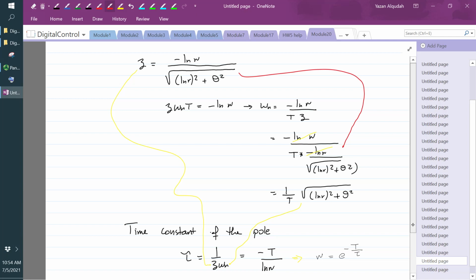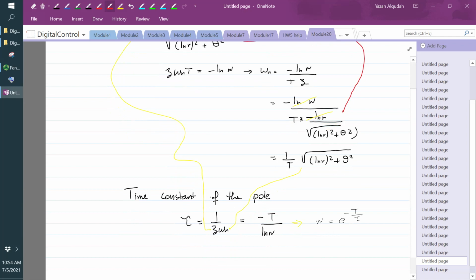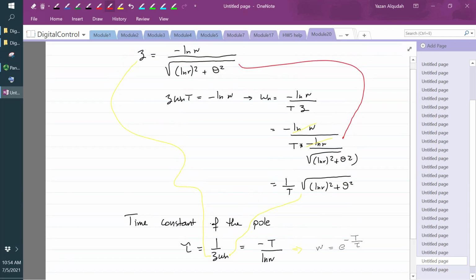Now if I look at the time constant associated with the poles, it's going to equal 1 over zeta omega n, and therefore I can express that using the zeta and the omega n as negative t divided by the natural log of r.